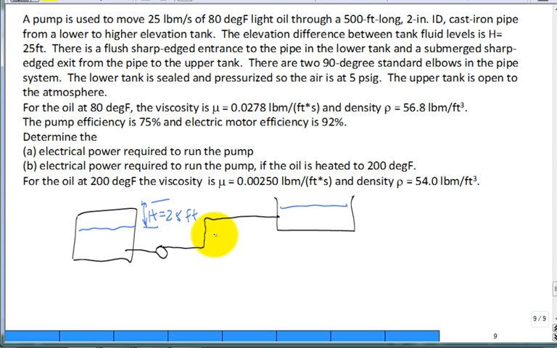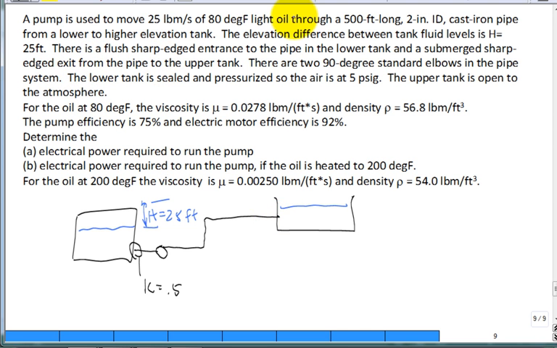So that's the schematic. There's a flush, sharp-edged entrance to the pipe in the lower tank. I showed it protruding, my mistake. Sorry about that. Get rid of it. Now it's sharp. And so the loss coefficient for that is 0.5. You have a sharp-edged exit from the pipe in the upper tank.